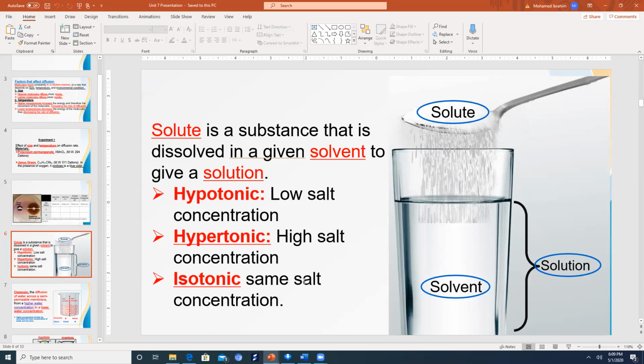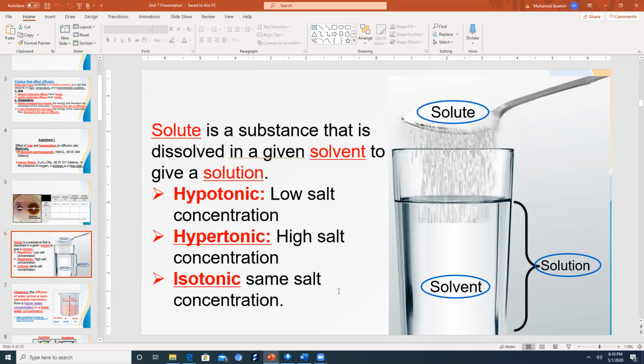And you need to know solutions can be divided into three different kinds based on salt concentration. Those with high salt, we call hypertonic. Those with low salt, we call hypotonic. And those with the same salt, isotonic.